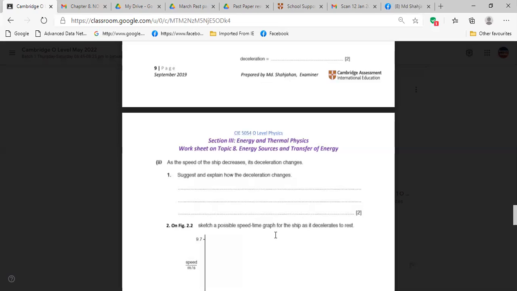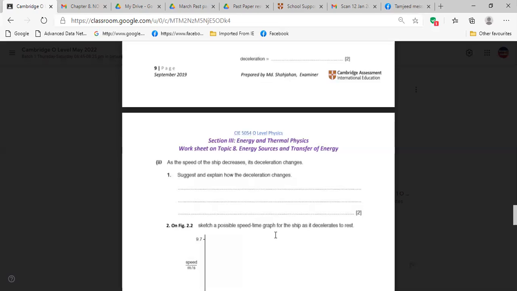As the speed of the ship decreases, the resistive force of water also decreases, right?